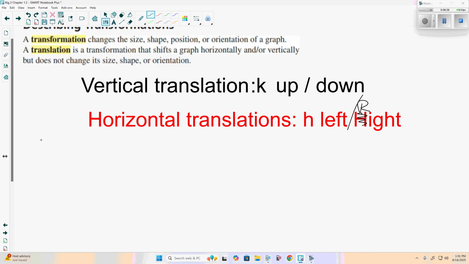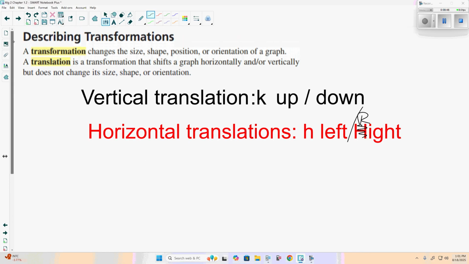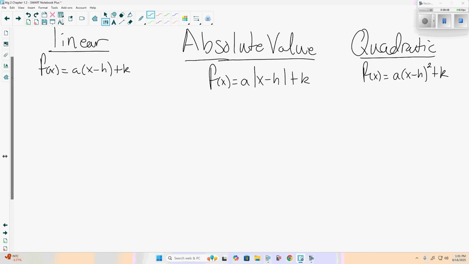K, outside those parentheses, outside those absolute value bars, being added or subtracted, is going to move it up or down. If there are no parentheses or no absolute value bars, it's automatically outside. Questions on this so far? And again, we could just add those back to this here.